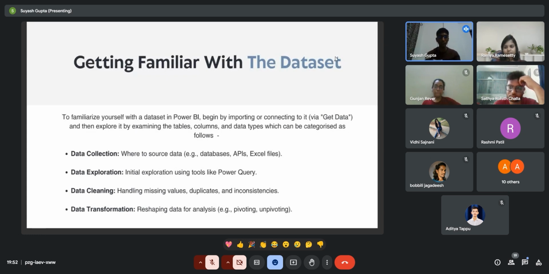These all include reshaping the data for analysis as per the requirements. So these points we should consider while familiarizing ourselves with the data. It also gives us a better context, so we would be able to guide our calculations further while creating the DAX measures, because we have a better idea of how the data sets are presented to us.